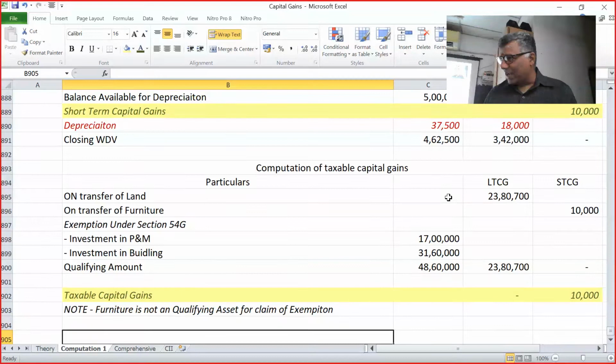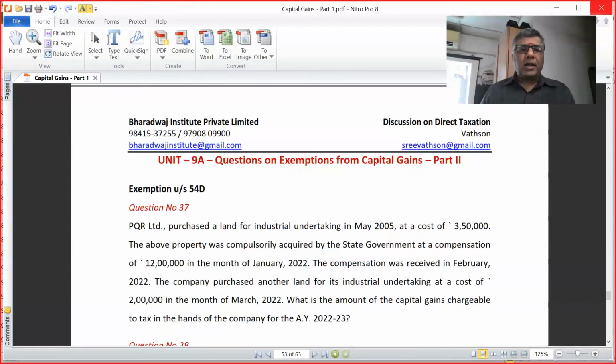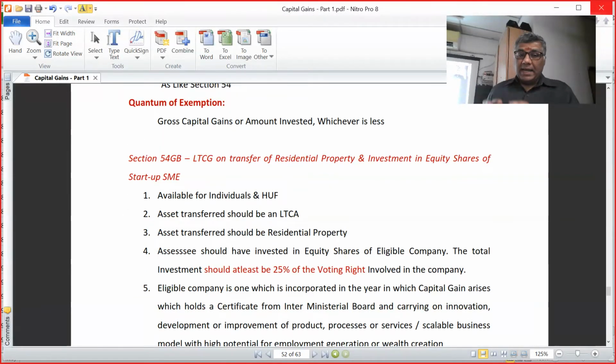However close the vehicle is, even if the bike in front of the car is just 1 inch away, we will still only move forward when we start the car. Whatever happens to the bike, I'll even give compensation, but I won't reverse. That is the start of being sentiment driven. So in a country like that, the reason 54GB is not popular is that it involves LTCG on transfer of a residential property and investment in business.